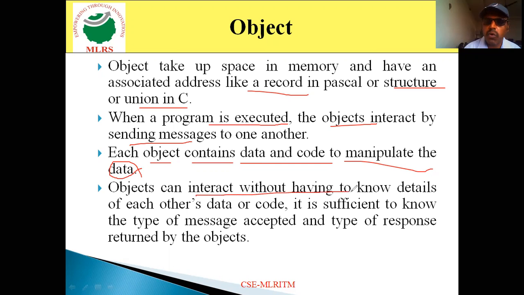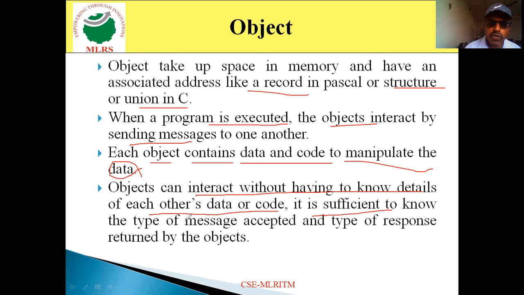Then look at this particular one. Objects can interact without having to know the details of each other's data and code. For example, if you create the object P1 and the object P2, P1 doesn't know the details of object P2, and similarly, P2 doesn't know the details of object P1. Without knowing the details, these objects interact with each other.